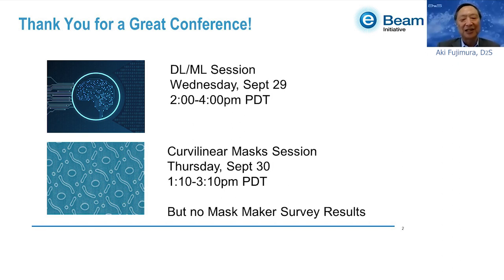And then I'm also talking in a curvilinear mask session. It's incredible that we have an entire session on curvilinear masks, but I'm also going to be talking about a general set of topics on curvilinear masks.